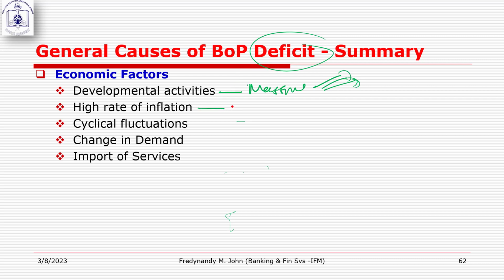A serious inflation will discourage foreign direct investment to your country. Therefore, foreign investors will shy away from your country. They won't come to invest. Cyclical business fluctuations, particularly that which can cause or indicate some sort of recession.